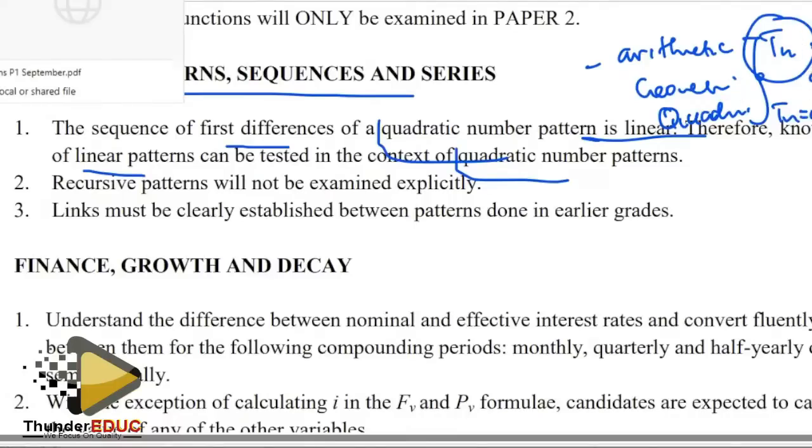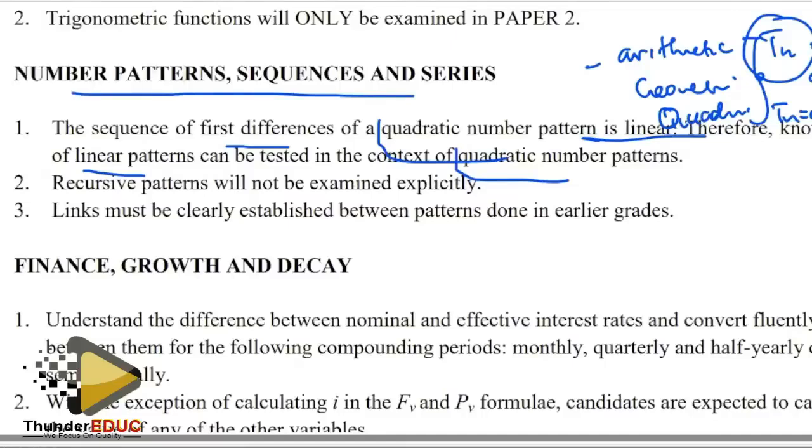All these need to be known, whereby a represents the first term for the first 2, n is the position, d is the common difference, and r becomes the common ratio.